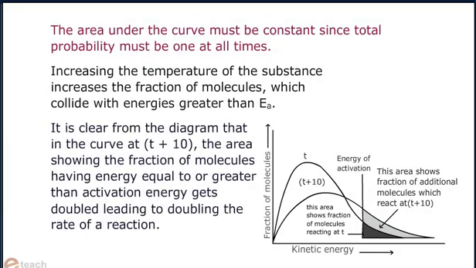It is clear from the diagram that in the curve at T plus 10, the area showing the fraction of molecules having energy equal to or greater than activation energy gets doubled, leading to doubling the rate of a reaction.